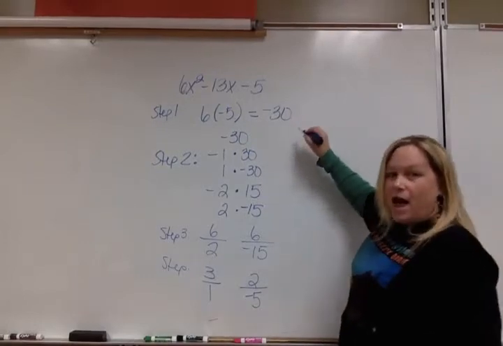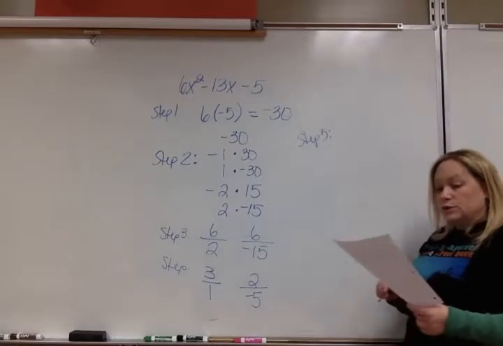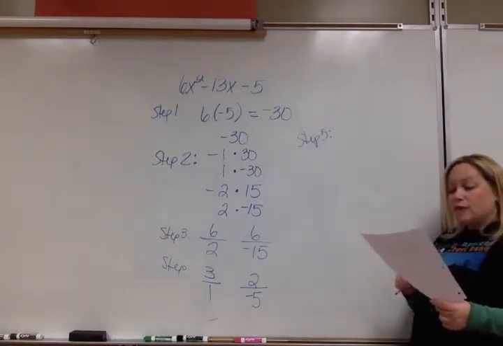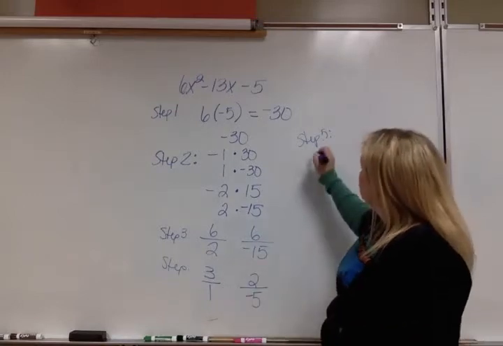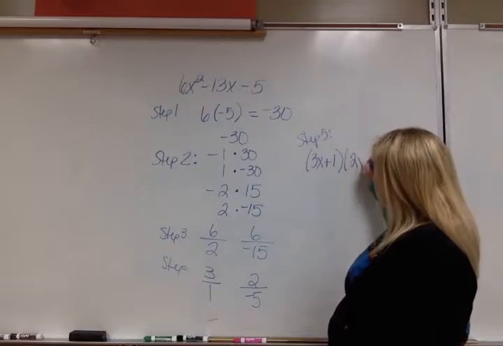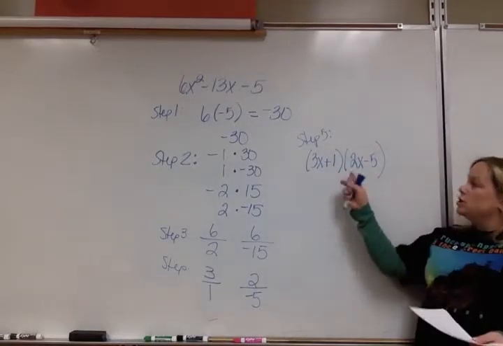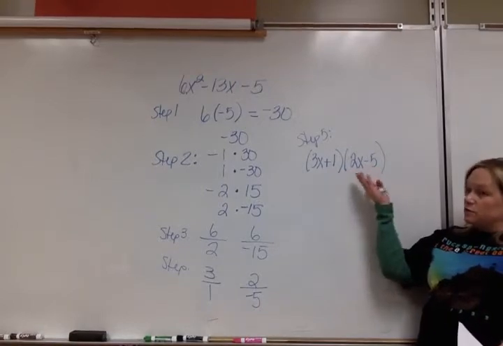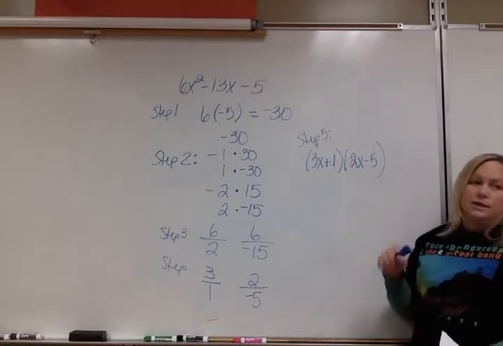So step 5 says the remaining fractions are the numbers in your binomials. So basically what happens is this becomes 3x plus 1 times 2x minus 5. That's your final answer. You always want to check your inners and outers. So positive 2x, negative 15x gives you a negative 13.